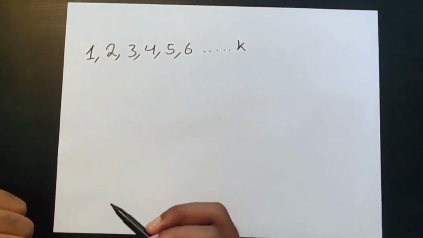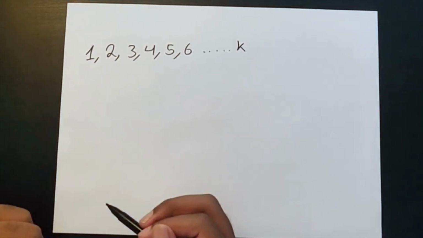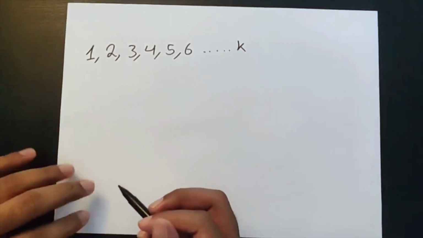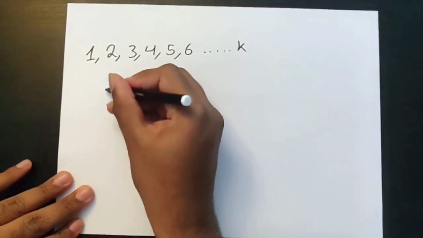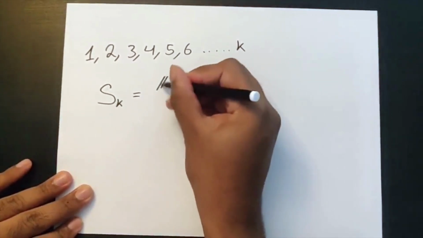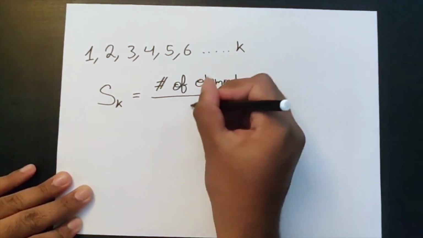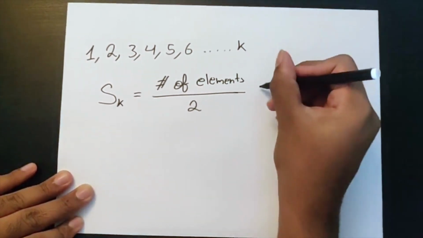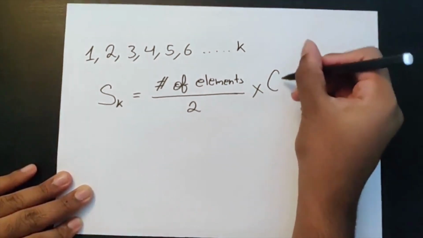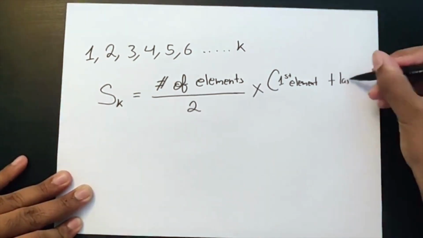So in order to find how many coins are there, we can just add up the series. To do that, we can use this formula. The sum of the series is equal to the number of elements divided by 2, multiplied by the first element plus the last element.